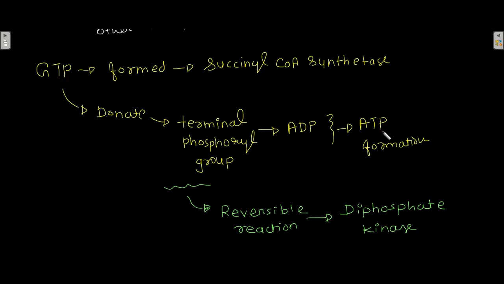Succinyl coenzyme A synthetase will result in the formation of the GTP. Later, that GTP can donate its terminal phosphoryl group to ADP, which will result in the ATP formation. This is catalyzed by the enzyme known as diphosphate kinase.